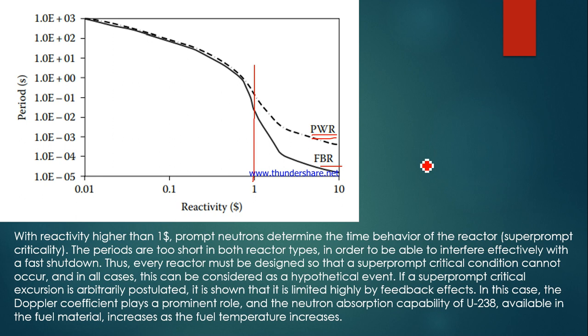We have to consider that, and you have to assume that this super prompt criticality should be a hypothetical event. You can consider these things as a design consideration, but it should not happen. I mean to say that.